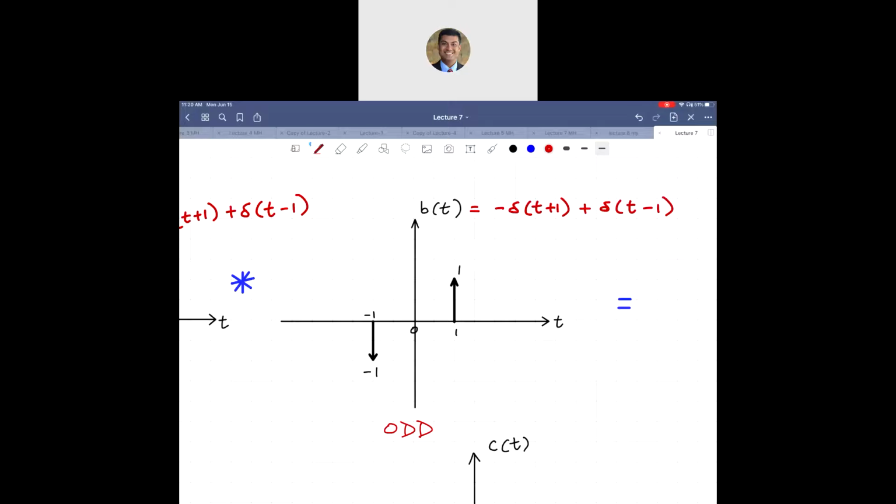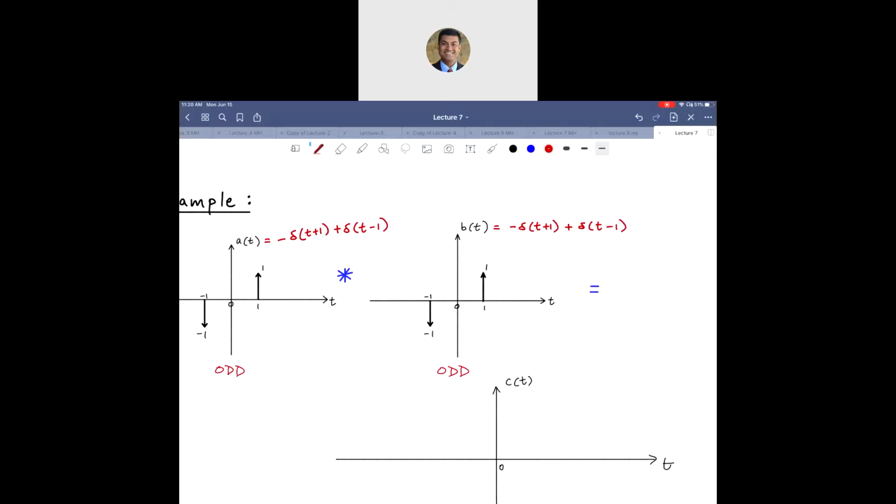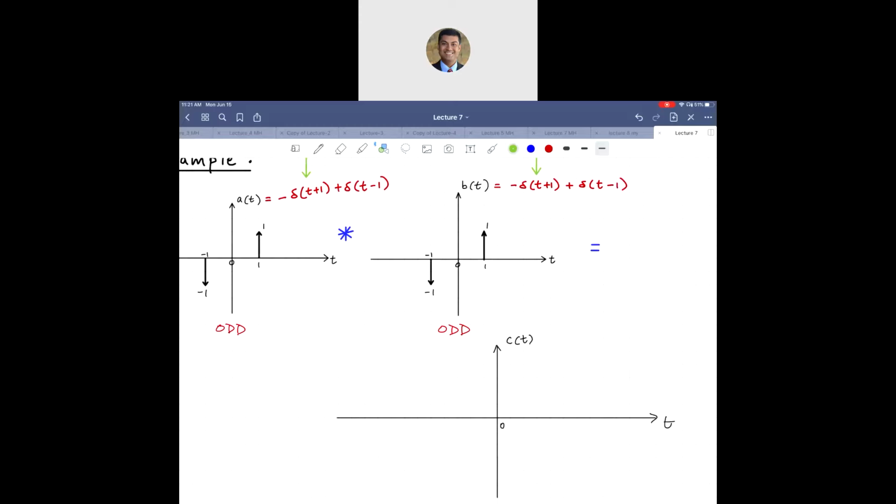So what happens when you convolve these two? Well, we can go piece by piece. Let us focus on maybe this. If you convolve those two elements, what do you get? An impulse at negative 1 convolved with negative 1. What will be the height? What will be the times?